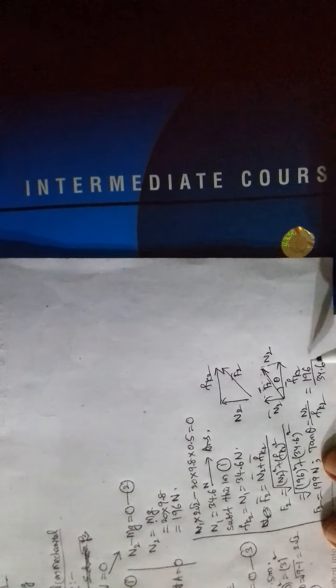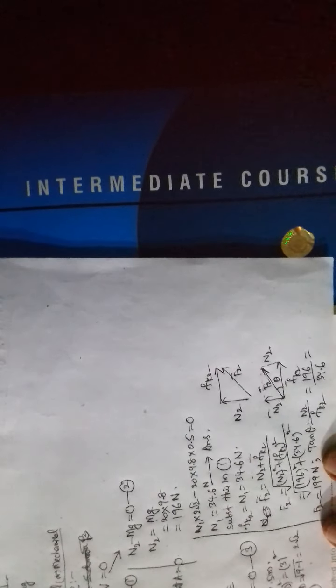Fk2 value is 34.6, and that divided we get 5.66. So from this theta is equal to tan inverse 5.66. So in this way we can calculate the angle theta also.